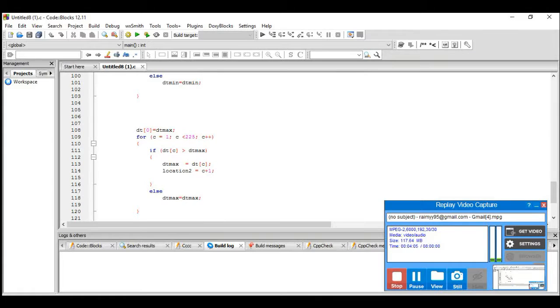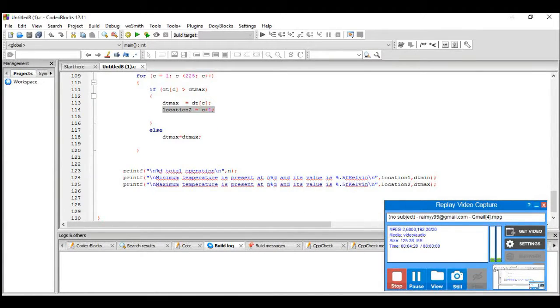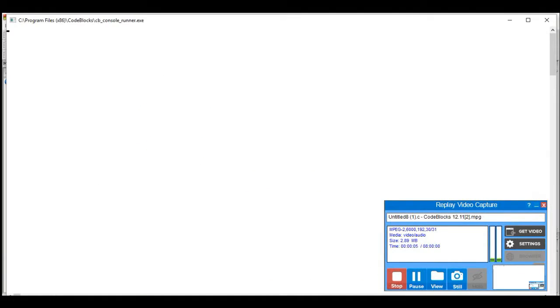And this is the program for delta T max, which is the maximum value of our temperature. And this is the program to know the location of the maximum value. And I printf all the results.